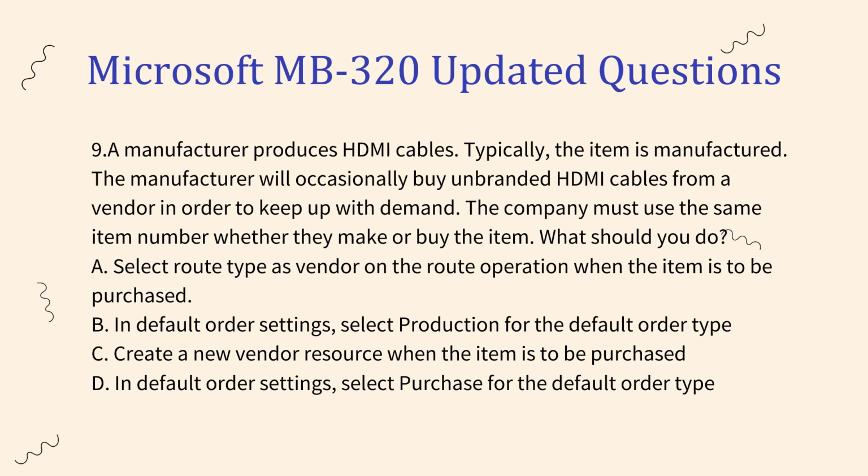A. Select route type as vendor on the route operation when the item is to be purchased. B. In default order settings, select production for the default order type. C. Create a new vendor resource when the item is to be purchased. D. In default order settings, select purchase for the default order type.